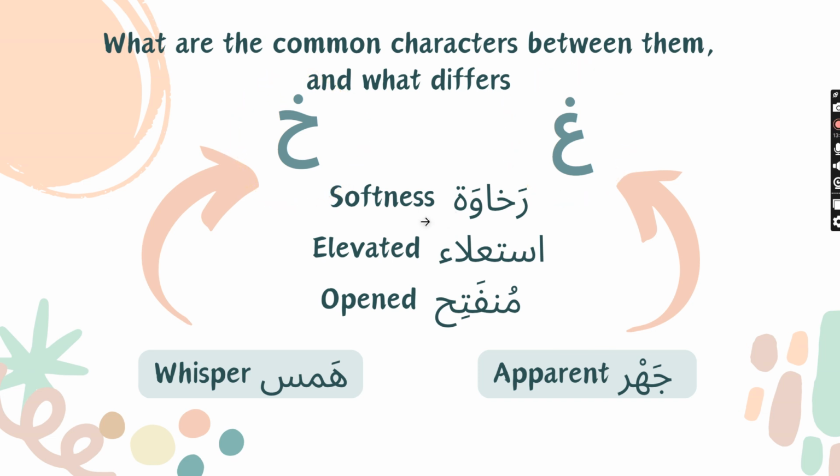Both of them are elevated letters. Both of them are opened. As we said, they are not huruf itbaq. The tongue is not mutbaq. The tongue is munfatih. But the difference is one has whispering sound, one has air flowing with it.